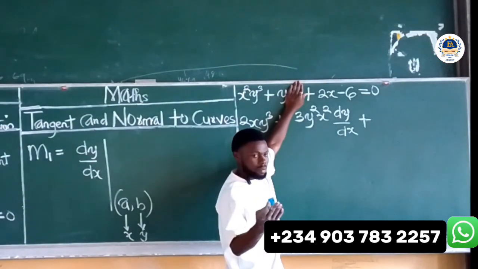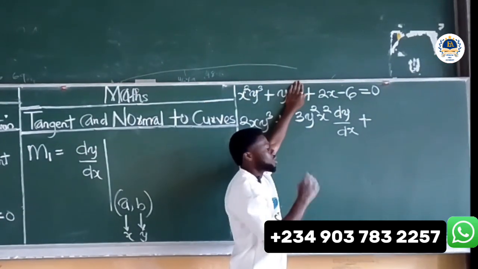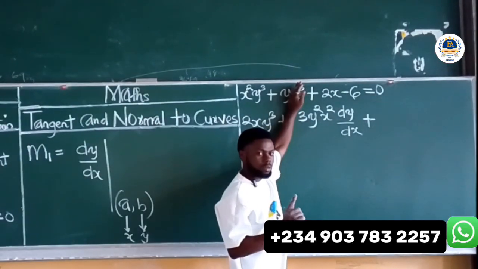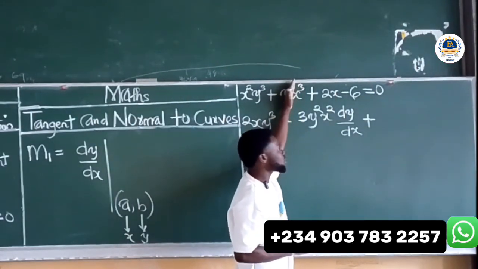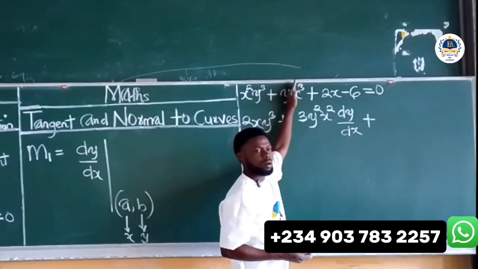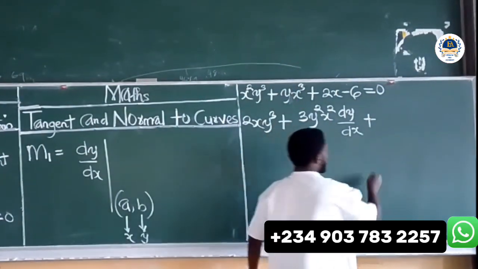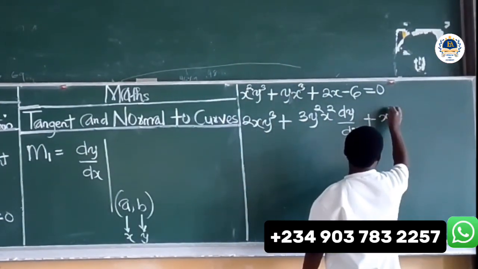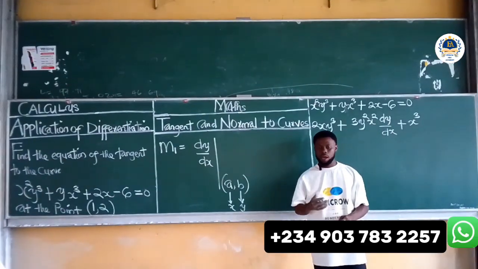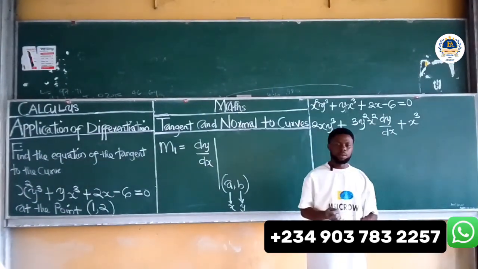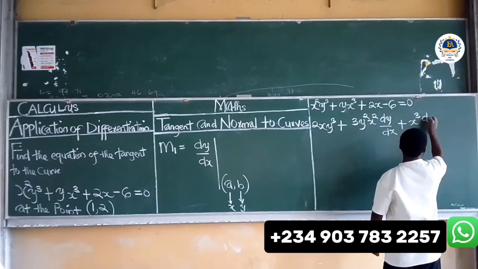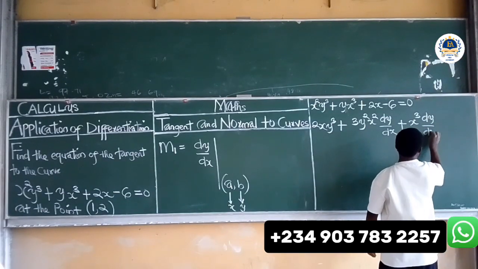If you differentiate y, you obtain 1. Then we multiply the 1 by x raised to the power of 3, so we have x raised to the power of 3. After differentiating the y variable, always ensure you attach dy over dx to it.